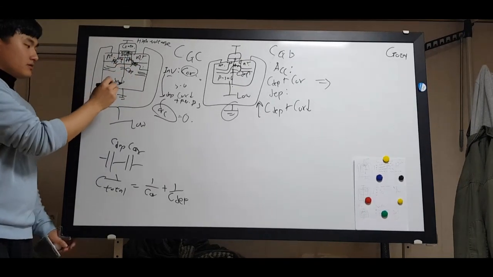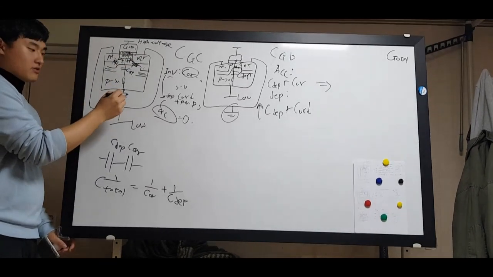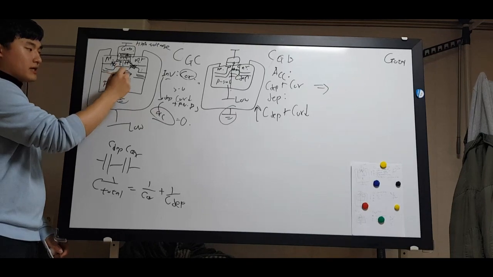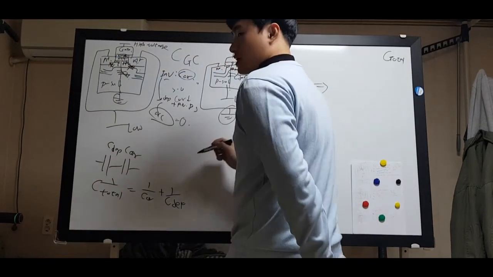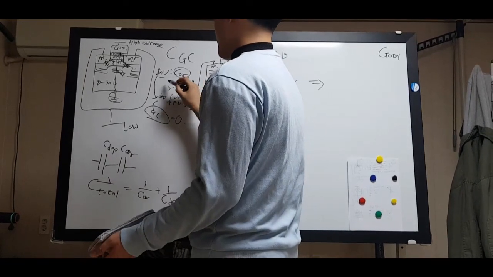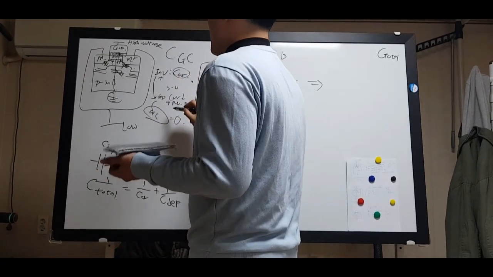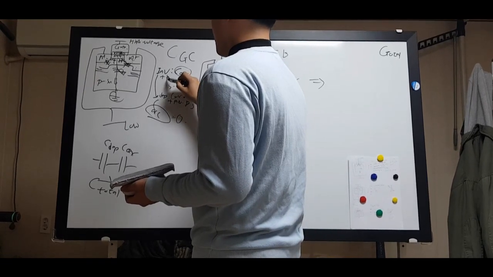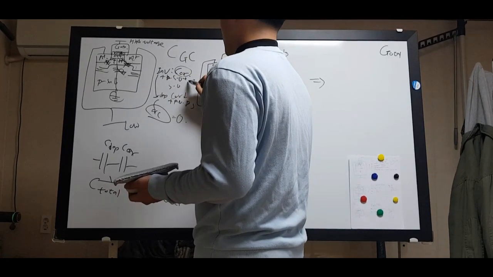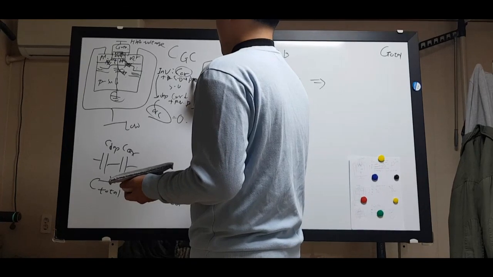But look here, the surface is grounded, so we will ignore the depletion capacitance. So in inversion, the total capacitance will be the oxide capacitance and the diode junction capacitance between the source and drain to the P-substrate.